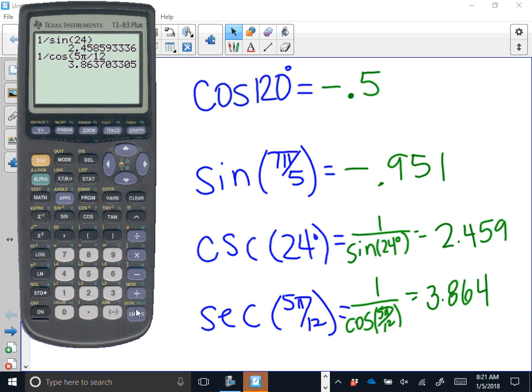On the back of this half piece of paper, I want you to label your special right triangles. You have two special right triangles. One of them has angles of what? 30, 60, and 90.